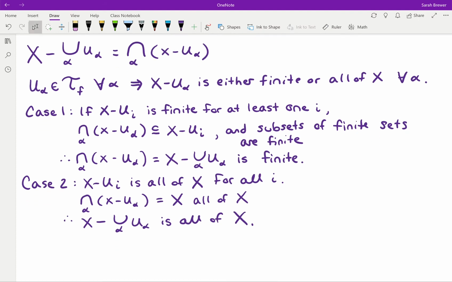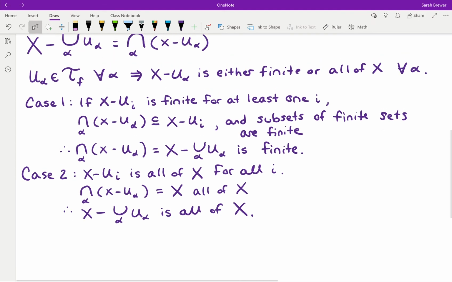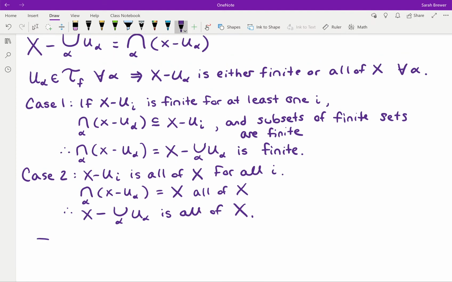And so then our last criteria, well, actually, let's go ahead and say that this tells us that this is in our topology, right? That's sort of an important step.